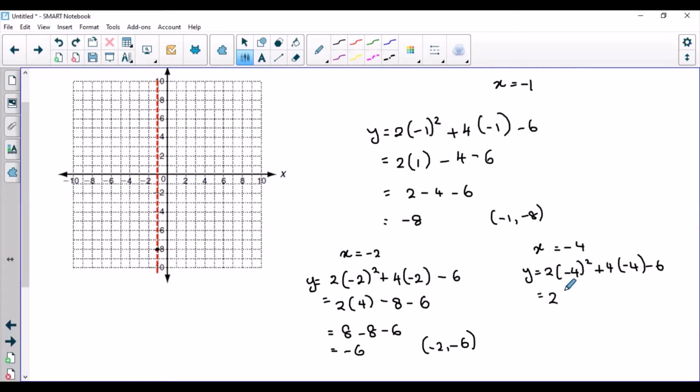This is going to be 2 multiplied by 16, then 4 multiplied by negative 4 will give you negative 16, negative 6. This is going to be 32 minus 16 minus 6. 32 minus 16 is 16. 16 minus 6 is 10. Which would mean the next pair of coordinates we have is negative 4 and 10.